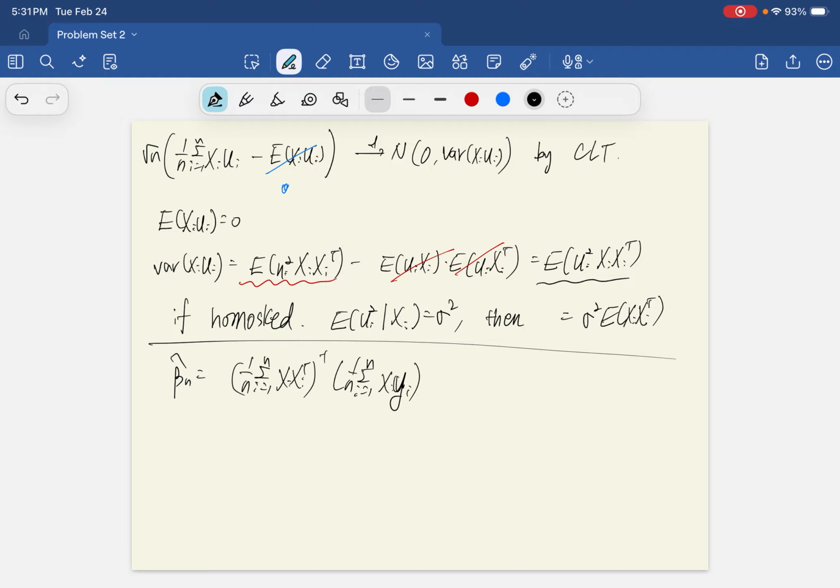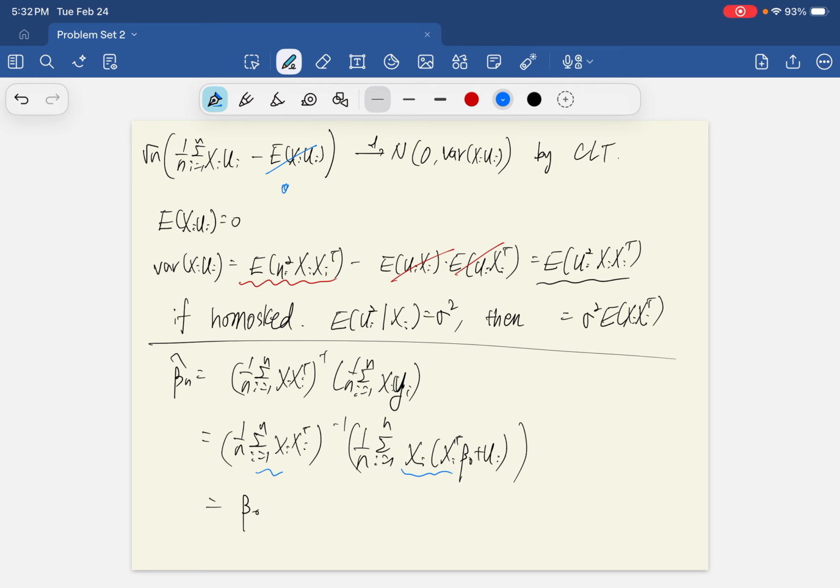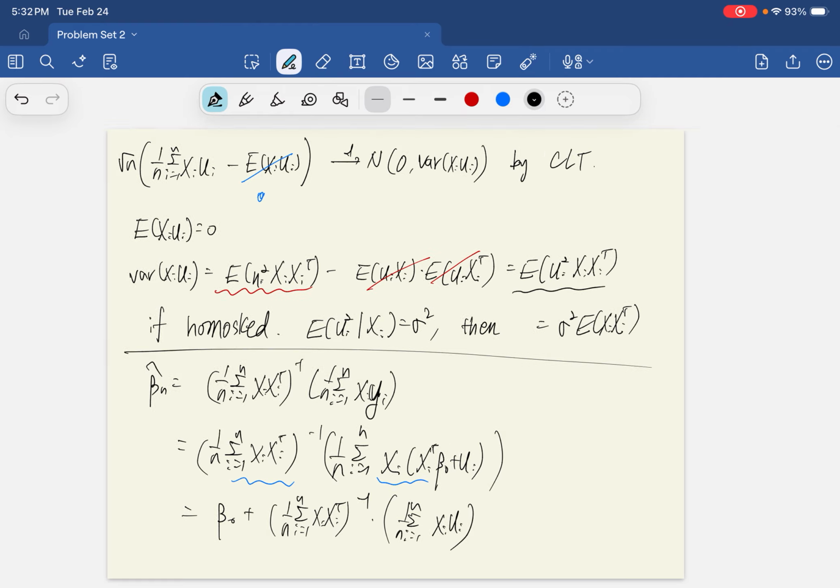Okay, and replace y with the original regression equation, x_i x_i transpose beta 0 plus u_i. Okay, and then you can see a common pattern: beta 0 comes out because this will be cancelled out by this inverse, and then plus this times x_i u_i.